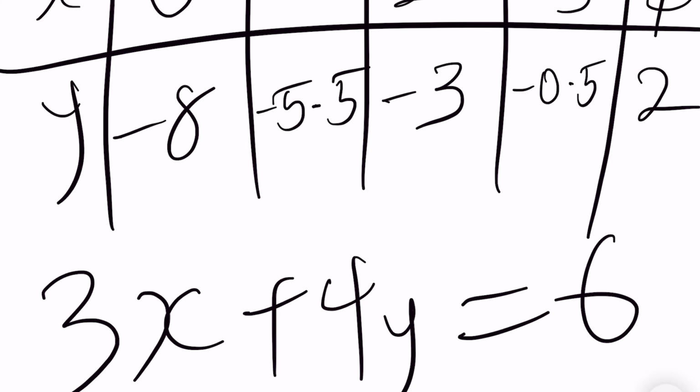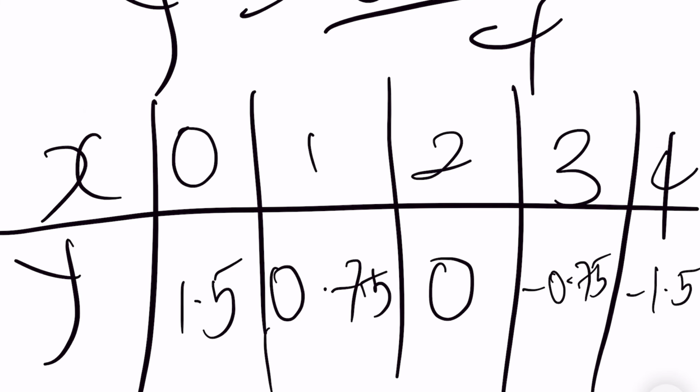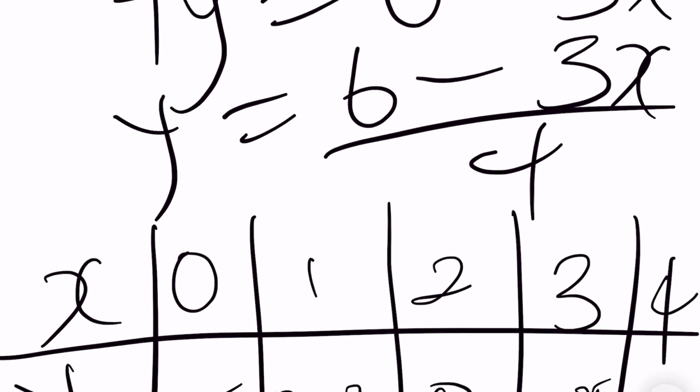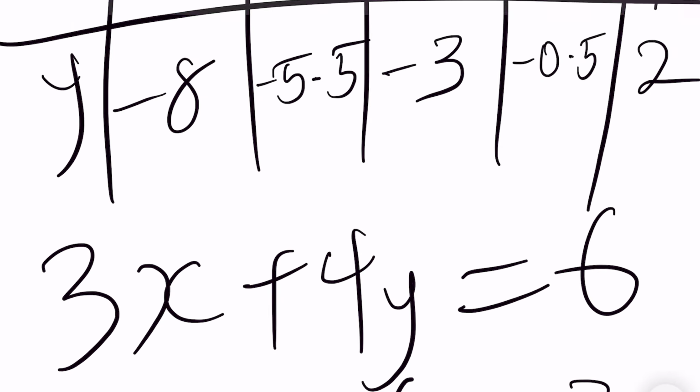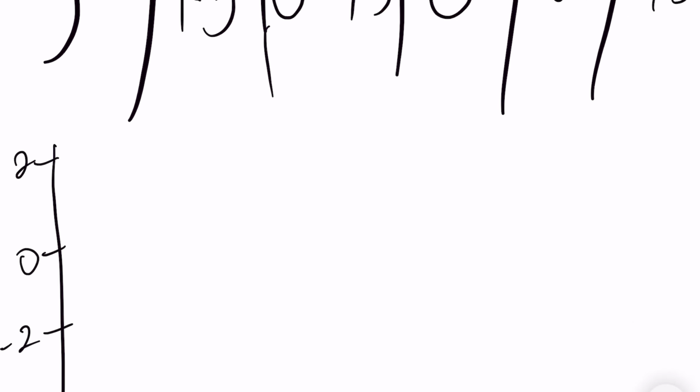Now in our graph, the highest is 2, and the lowest is minus 8. So here we can just do it as 0, 2, minus 2, minus 4, minus 6, minus 8. So where x is 0, we have our y to be minus 8.